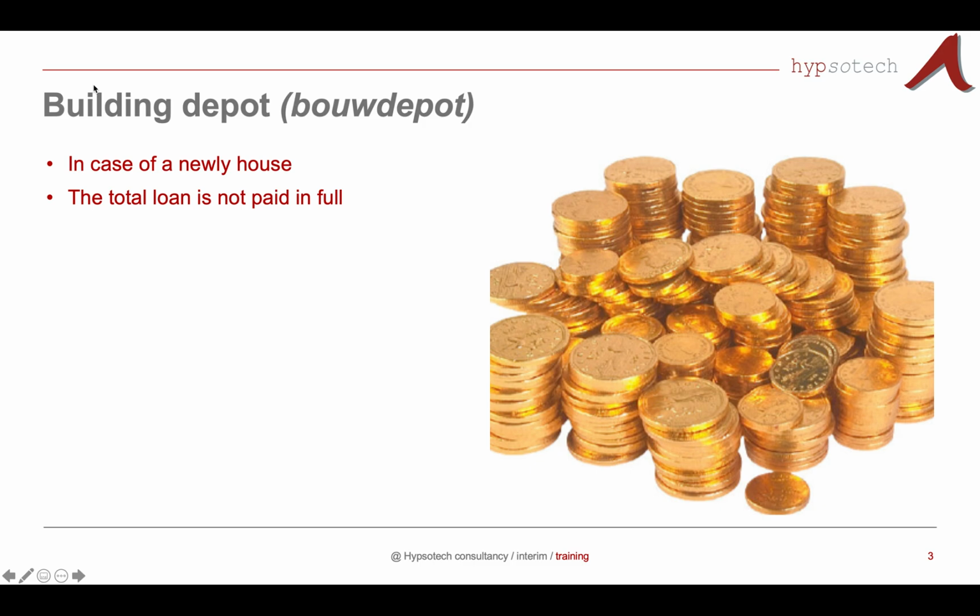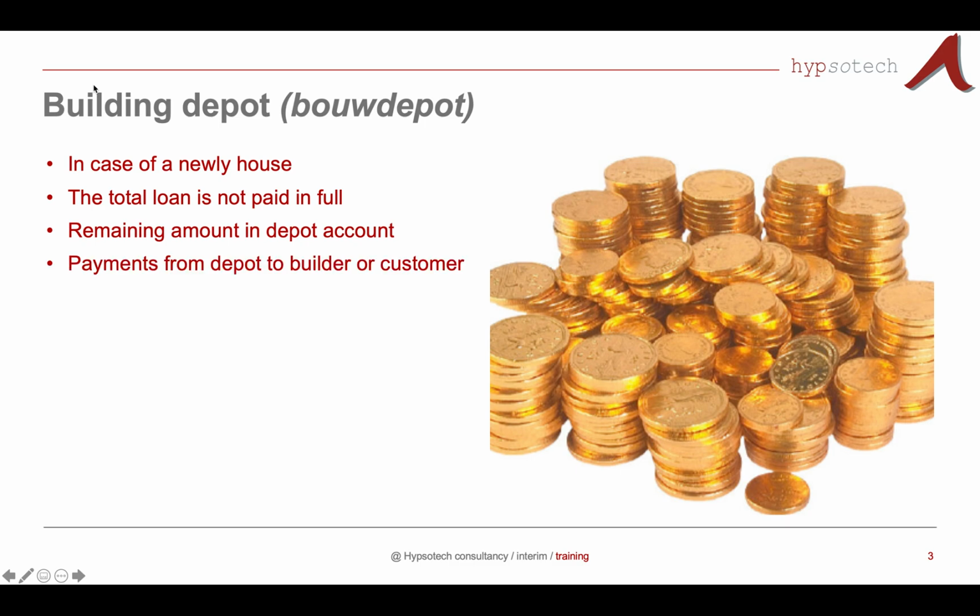So the bank originates the loan, but the money that is needed to finish the house is not given to the consumer and is kept in what we call a depot. And that money is used to pay the builder's bills for finishing the house.